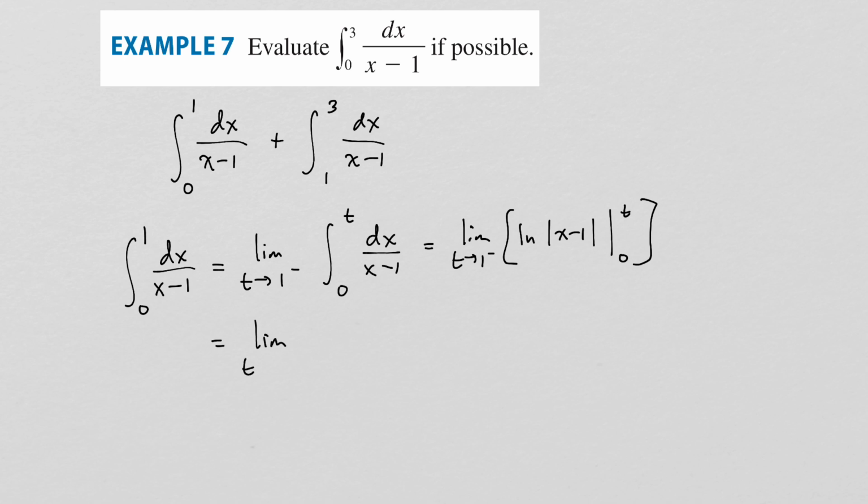This becomes the limit as t goes to 1 from the left of the natural log of t minus 1 in absolute value minus the natural log of 0 minus 1 in absolute value. And this is where the absolute values are really important. 0 minus 1 is negative 1, and the absolute value of negative 1 is 1. And so this is just the natural log of 1, which we know is equal to 0.